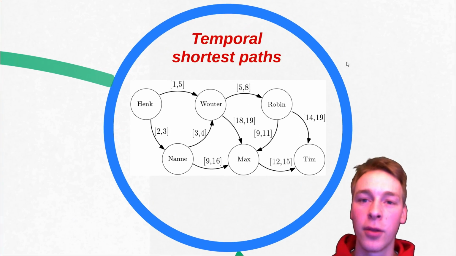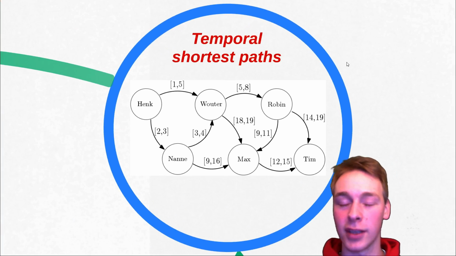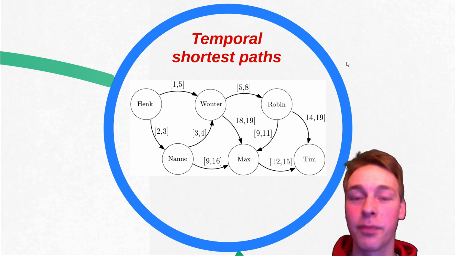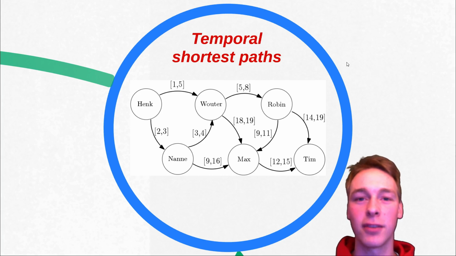Now when we have time on the edges, we can also think about a temporal shortest path. What is a temporal shortest path? A temporal shortest path is the shortest possible time between two nodes. But we can define short in different ways.